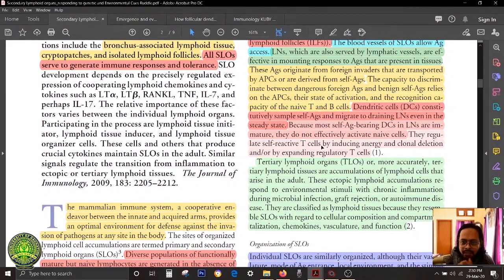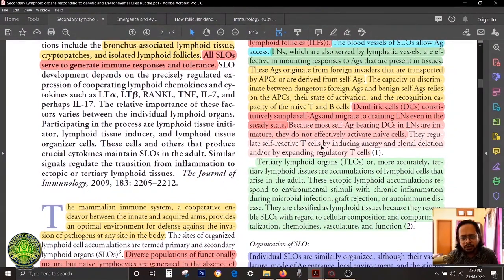So if a particular cytotoxic T cell interacts with a dendritic cell bearing self-antigen, you basically trigger a phenomenon which is called anergy, A-N-E-R-G-Y. What is anergy? I would be in a state of suspension. Very basic idea. I will be in a state of suspension. I will not divide, and then I will trigger apoptosis and I will die.